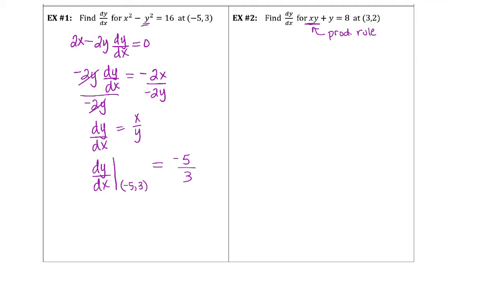So let's go through the product rule. We have the first times the derivative of the second, and the derivative of y is 1, but we need to note that it's dy dx, the derivative of y with respect to x.